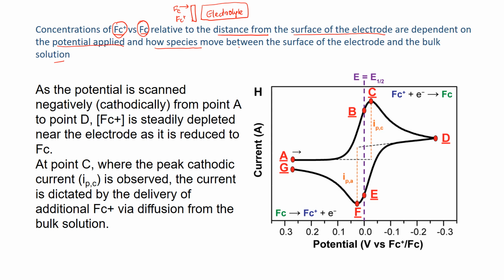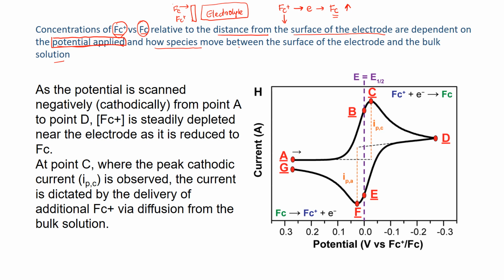Now once Fc plus gets reduced to Fc, that means when Fc plus gets reduced by accepting an electron to Fc, the amount of Fc here increases, and this Fc plus will come down and Fc will increase, and this concentration depends on the potential applied and also on the movement of species.